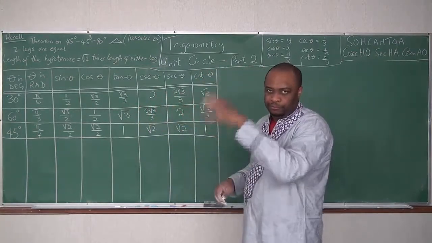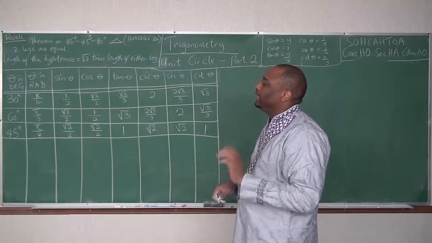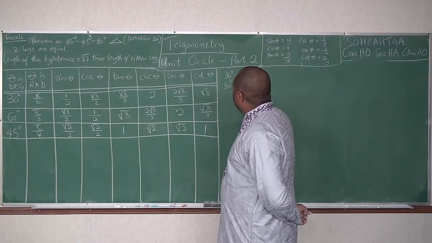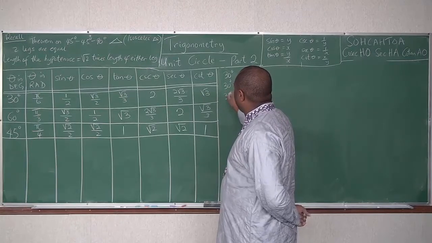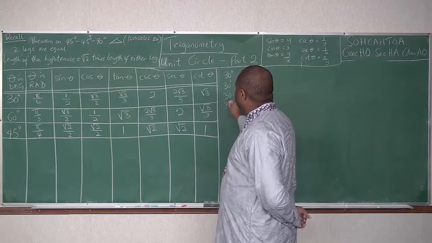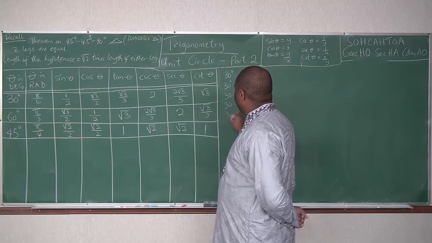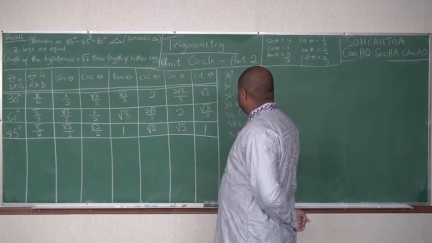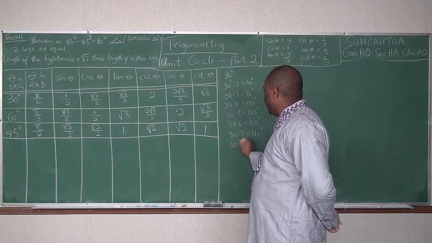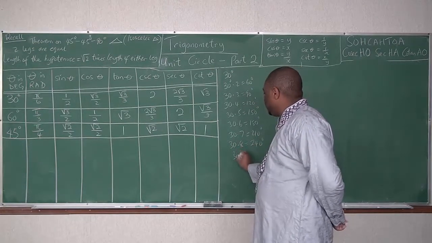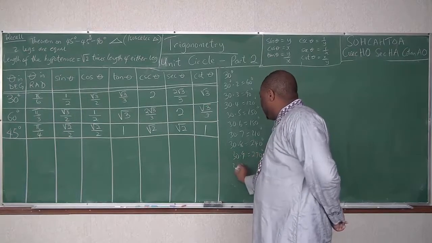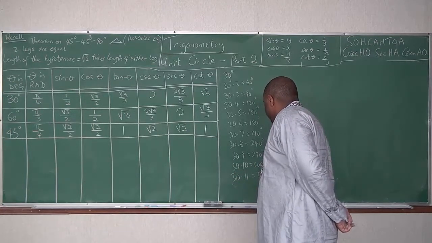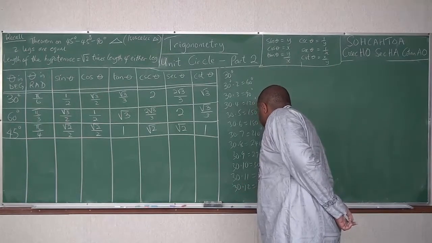Because we want to finish 30 tonight, when we talk of 30 degrees, this is times 1. 30 times 2 is 60. 30 times 3 is 90. 30 times 4 is 120. 30 times 5 is 150. 30 times 6 is 180. 30 times 7 is 210. 30 times 8 is 240. 30 times 9 is 270. 30 times 10 is 300. 30 times 11 is 330. 30 times 12 is 360.